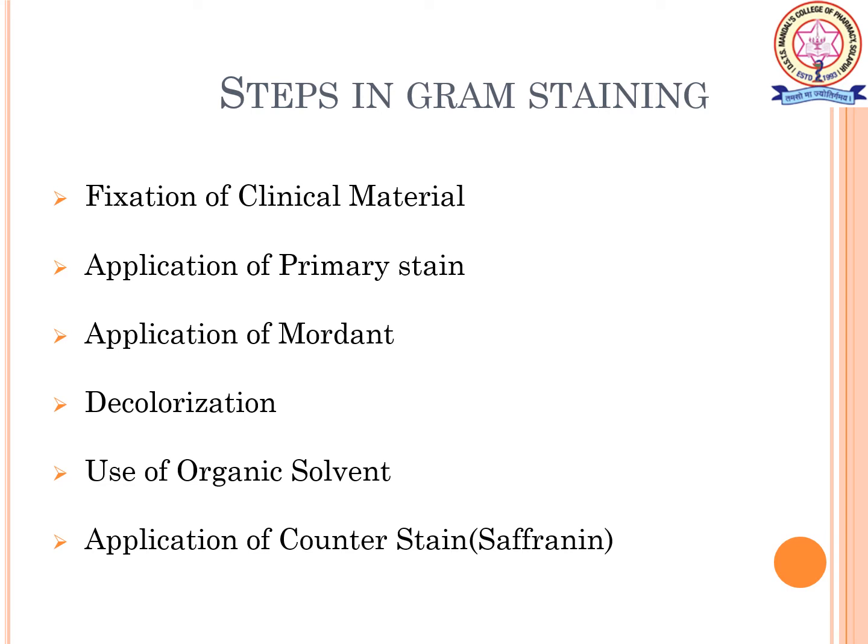A counter stain such as safranin is added to stain it pink to red. Since safranin is lighter than crystal violet, it does not disrupt the purple coloration in gram-positive cells. However, the decolorized gram-negative cells are stained red.